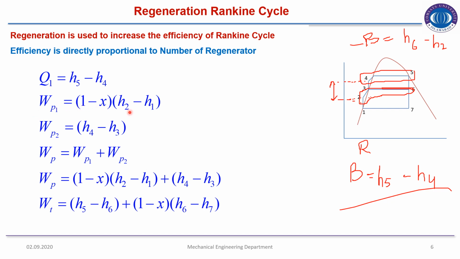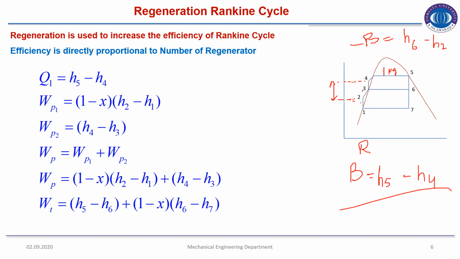So the enthalpy change for WP1 or pump 1 is reduced because a less amount of mass is entering. So just to give a quick example, let's suppose here in the boiler there is 1 kg mass.